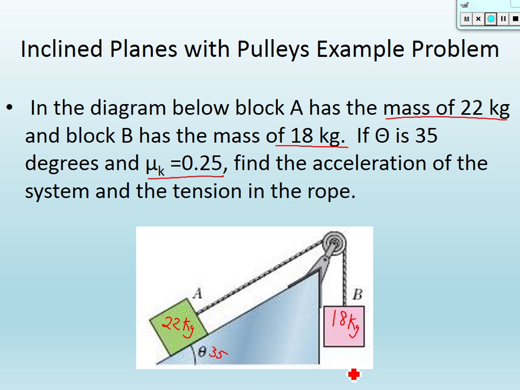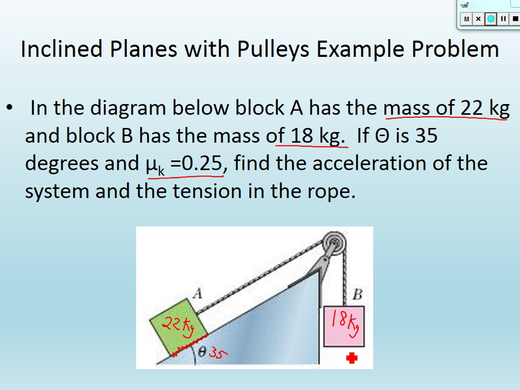But there's also another force we need to consider, and that's friction between block A and the ramp. So there's three forces that I want you to be careful about finding: force of friction here, force of gravity pulling it down the ramp, and then also the weight of block B. Okay? So let's go ahead and draw the free body diagram.